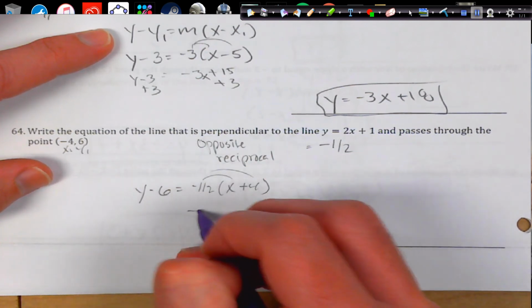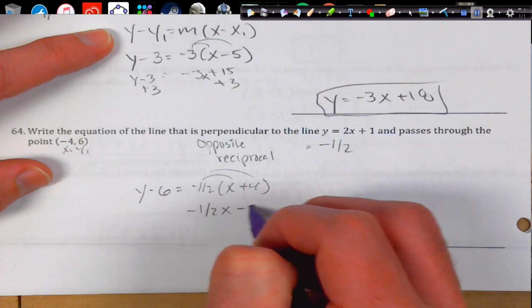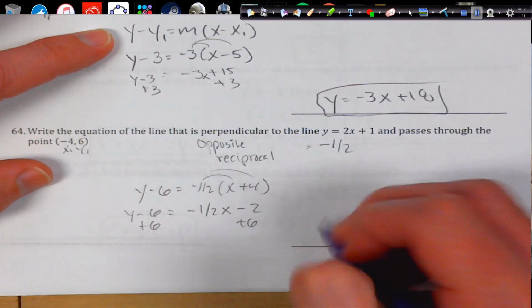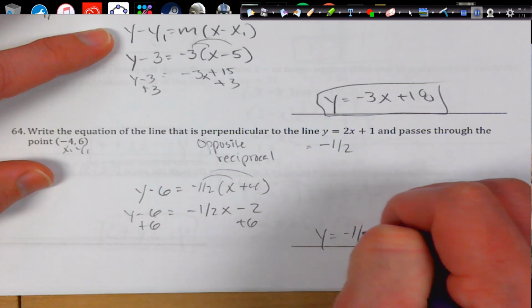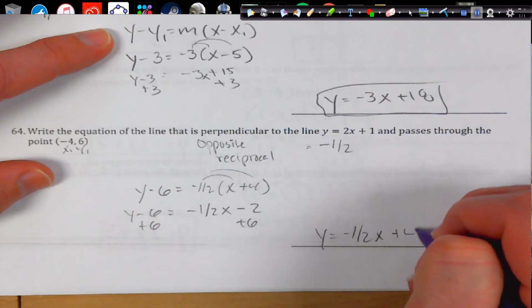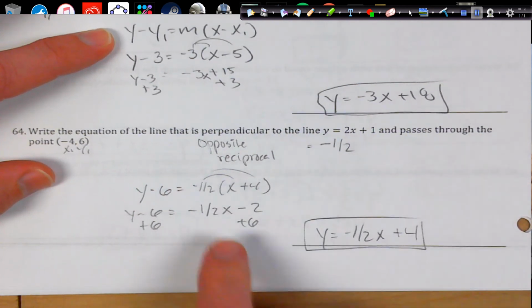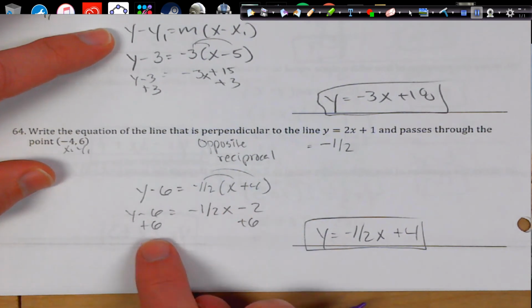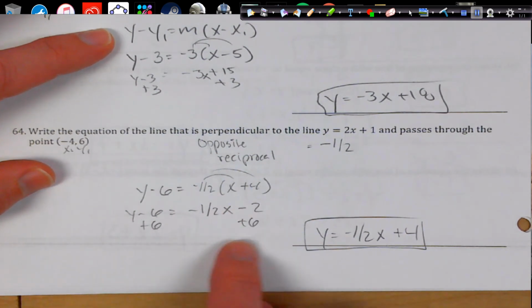Distribute. And then we distributed, half of 4 is 2, becomes negative. Subtract the 6, add the 6 over, you get 4.